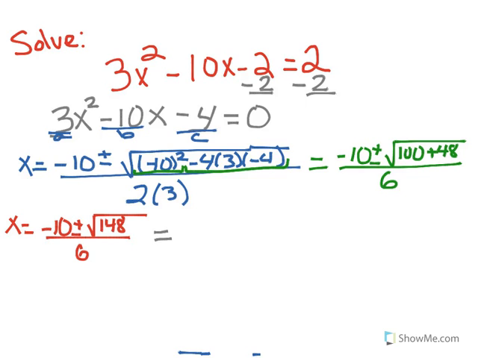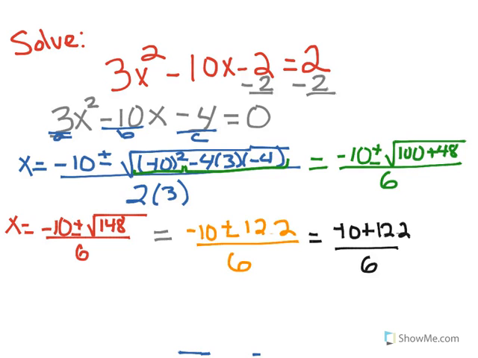So if I were to continue, we'd have -10 plus or minus 12.2 all over 6. Now once I took the square root of 148, notice there's no more radical in my fraction. So now I'm simply going to break it into its two fractions. I want -10 plus 12.2 all over 6, and I want -10 minus 12.2 all over 6.